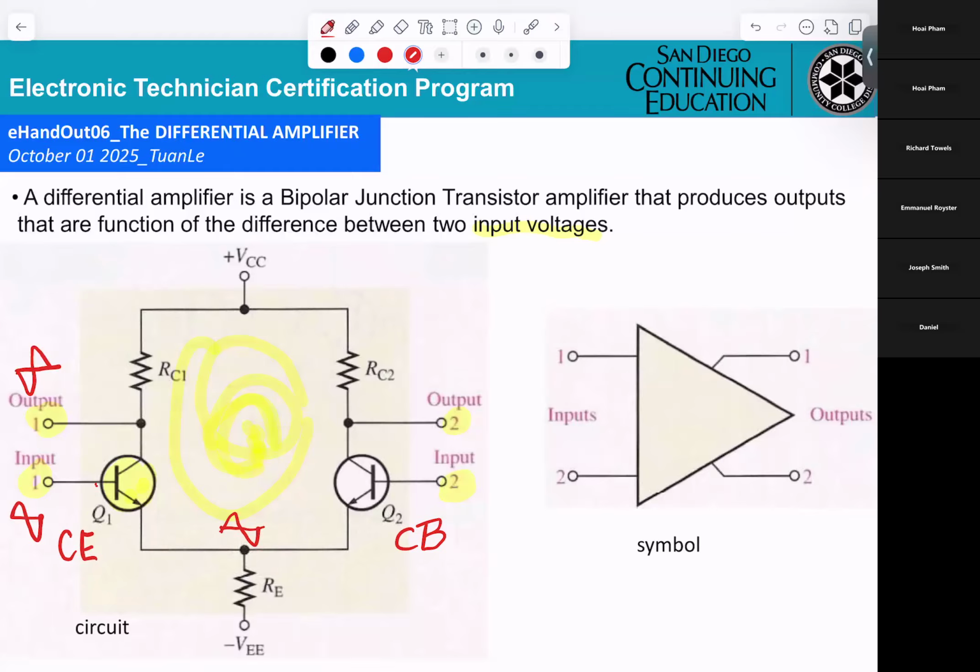For the common base, you know the input goes to the emitter and the output comes out from the collector. Input signal and output signal are in phase.